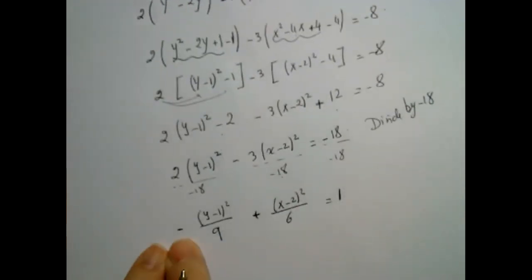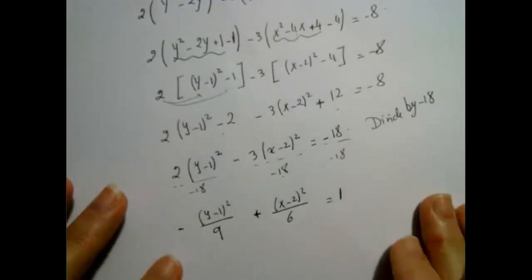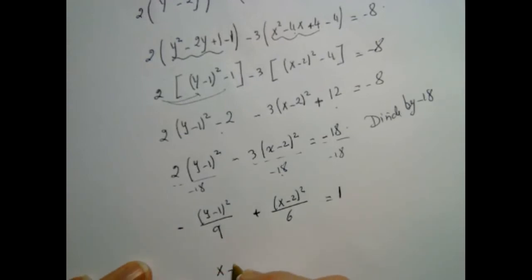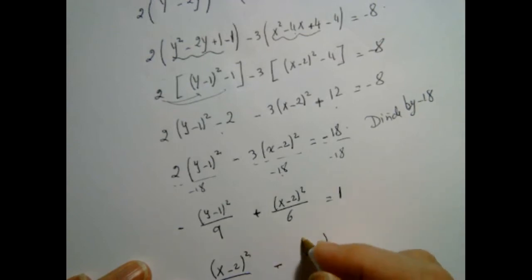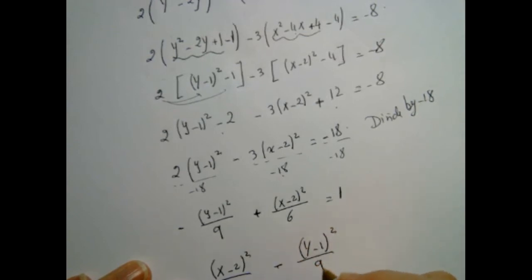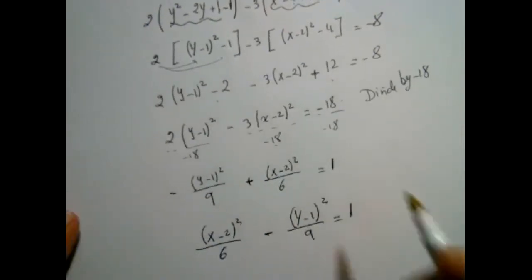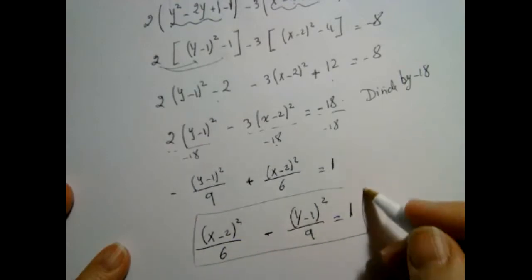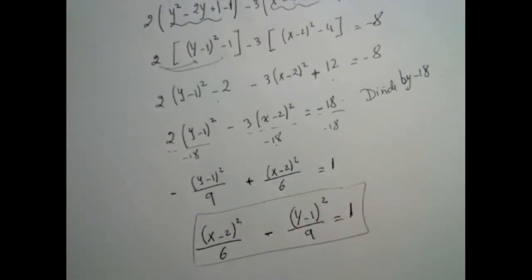Okay. Now the minus is in front of the y. I'm going to rewrite them. So in the more standard form, this will become that. So that's the standard form. And now we're going to take this one and we're going to find everything they want us to do.